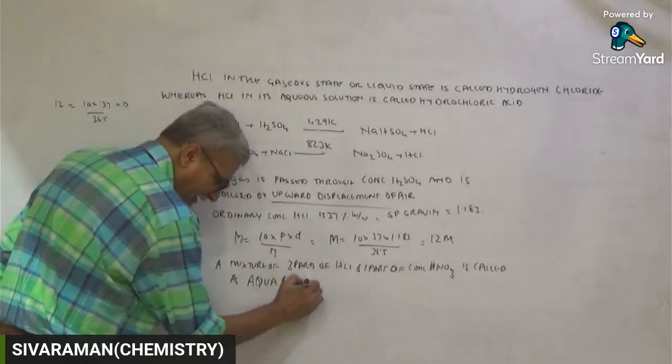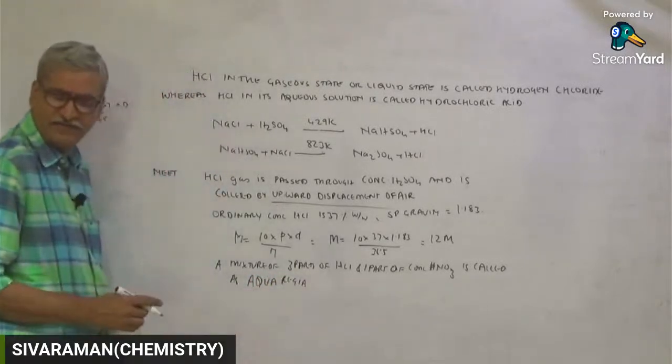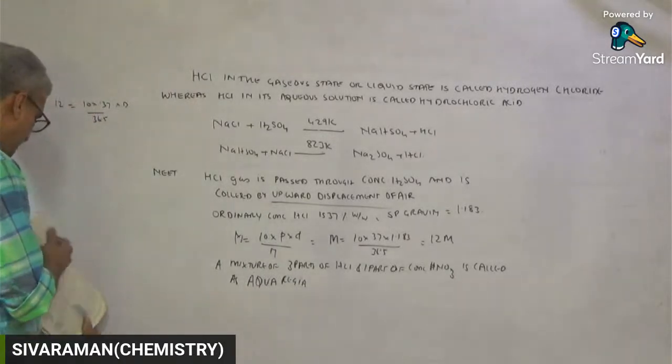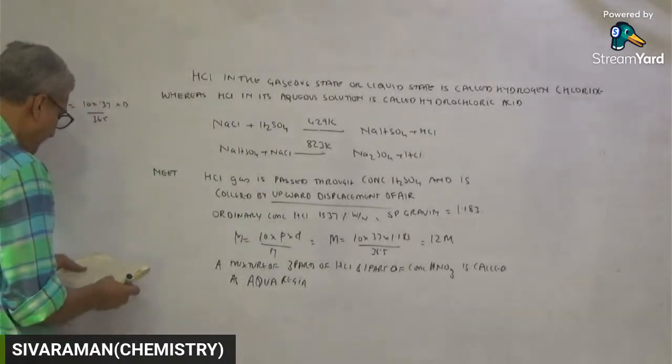What does aqua regia do? It is used for dissolving noble metals. Is this point clear?